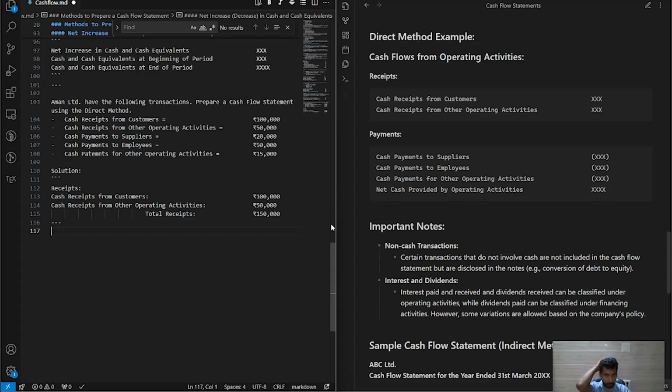After that, we'll talk about the payments, which are as follows.